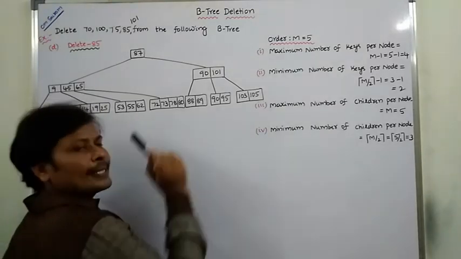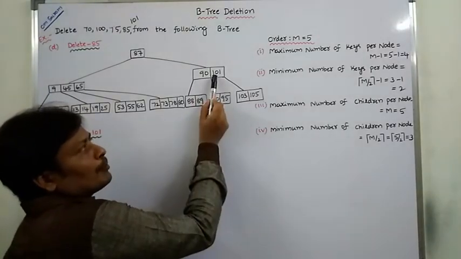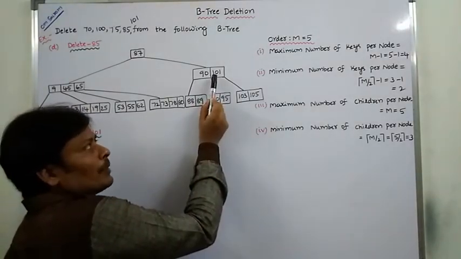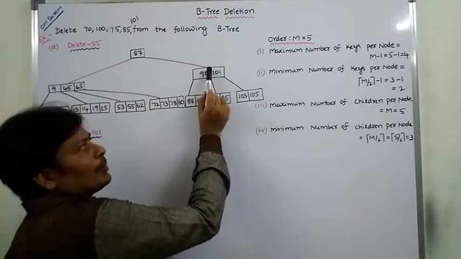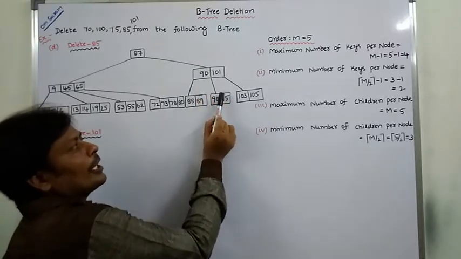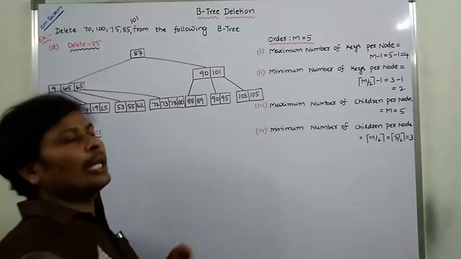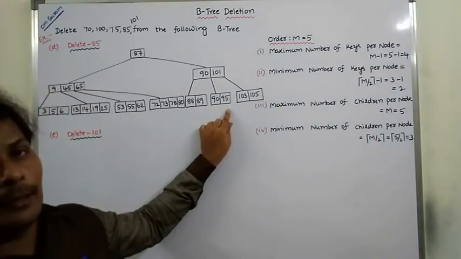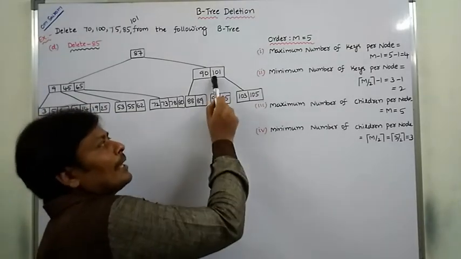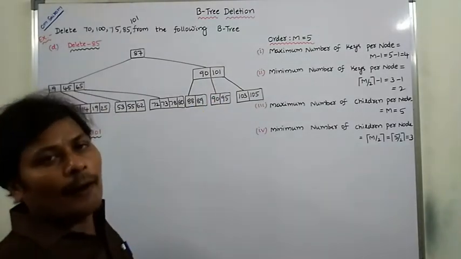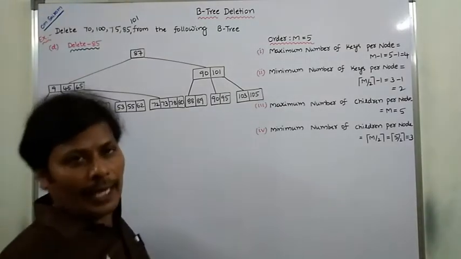For now, considering the in-order predecessor of 101, go to the left subtree. This left pointer points to a left subtree. It contains a node with two key elements, 90 and 95. It is not possible to replace 101 with the in-order predecessor because this node contains the minimum number of key elements.